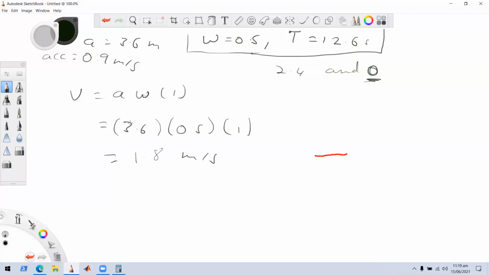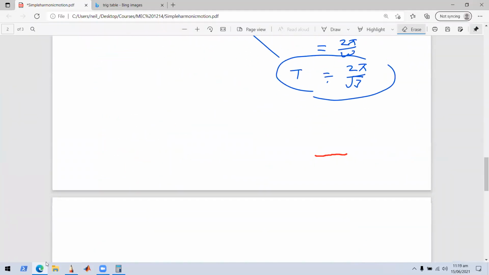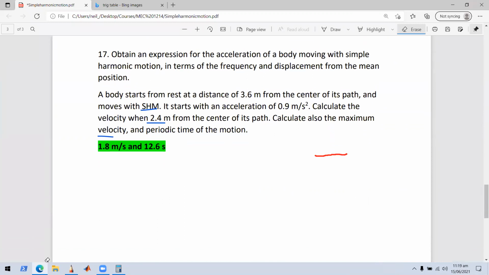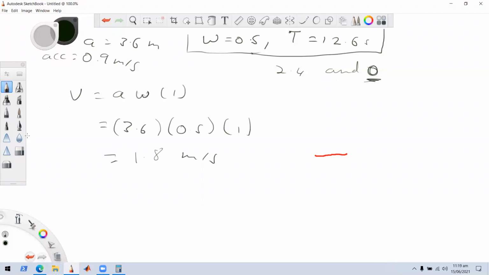Let me just double check, make sure that's one of the answers. Yeah, 1.8 meters per second. So let's just write that in now, at the top here. Velocity at 0 meters is equal to 1.8 meters per second.